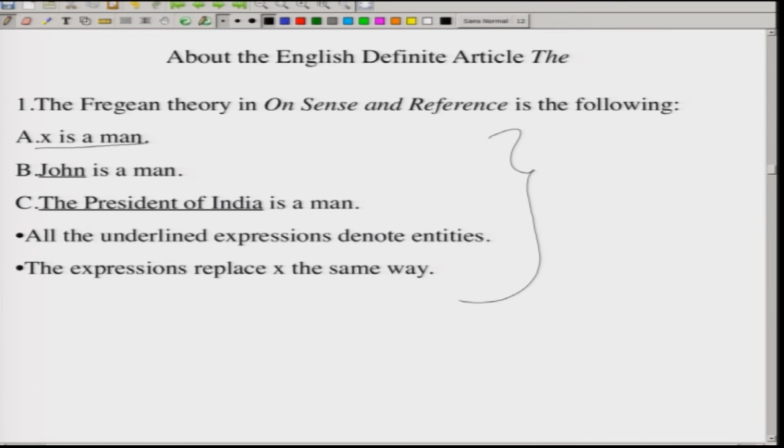this structure, that is X is a man, underlies both John is a man and the President of India is a man.